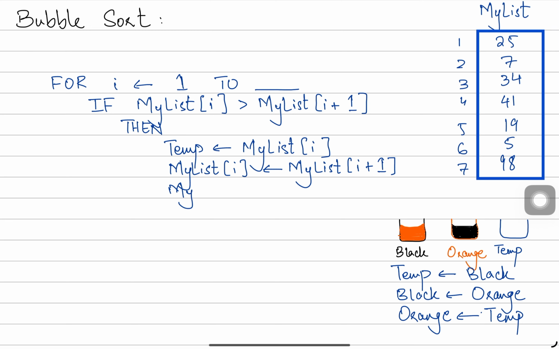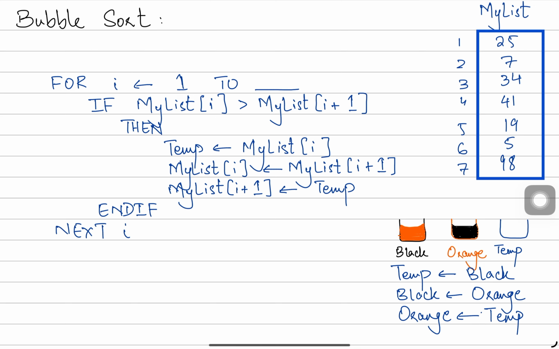And then the last thing, my list of I plus 1. Don't forget these are square brackets. And put the temporary variable value back in my list of I plus 1. Okay. And next I.